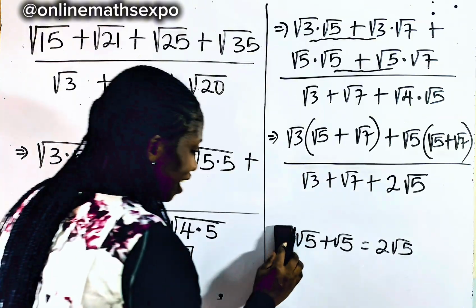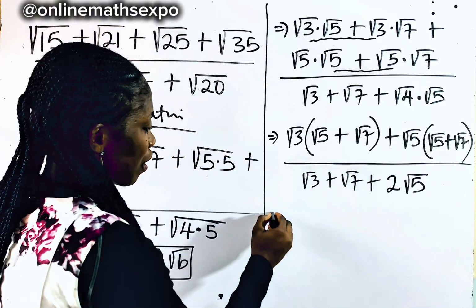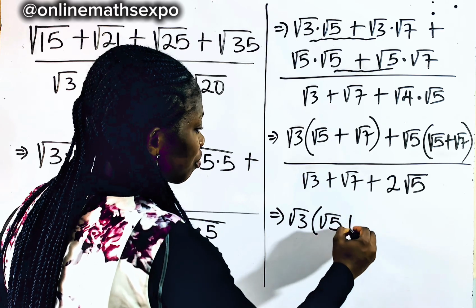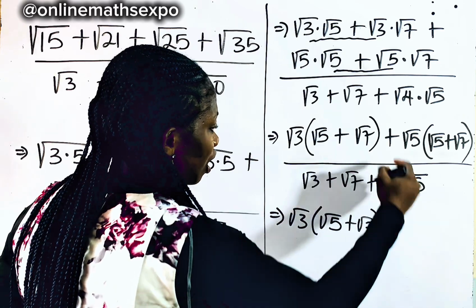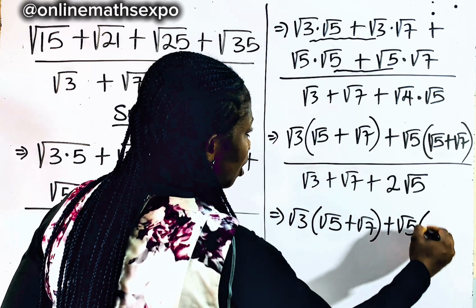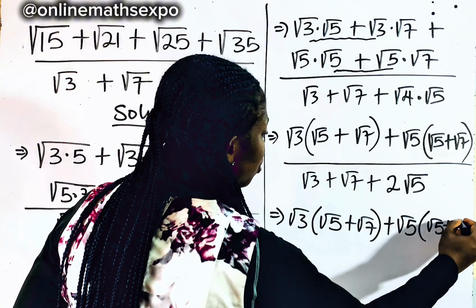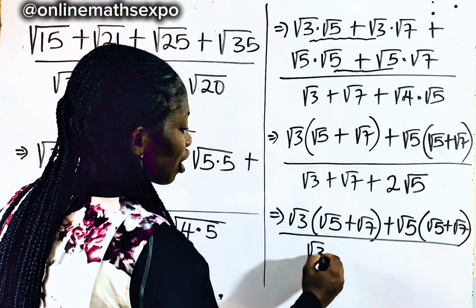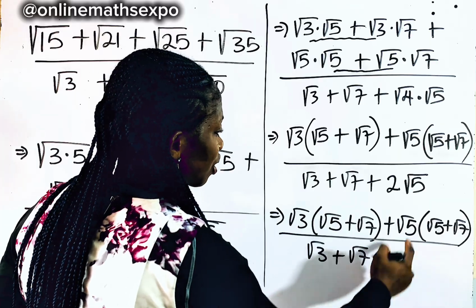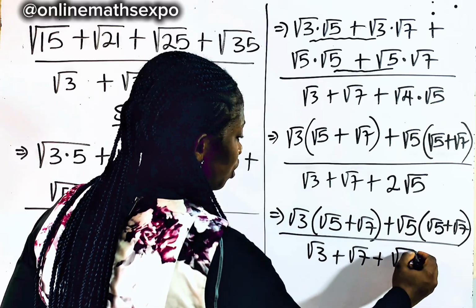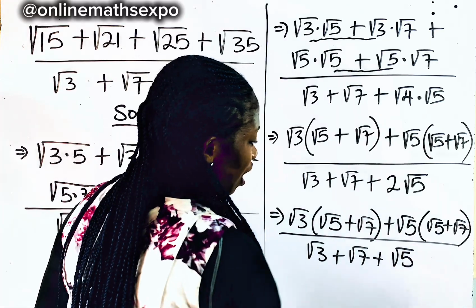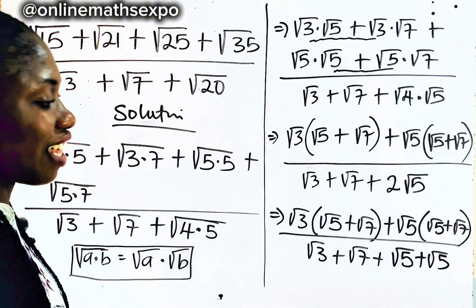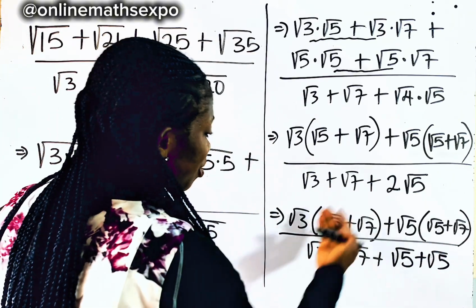So this gives us root 3 into root 5 plus root 7, then plus root 5 into root 5 plus root 7, and this is divided by root 3 plus root 7. Remember what we said here, so we split it. It's the same as root 5 and root 5. Did you see that? So we keep simplifying here.